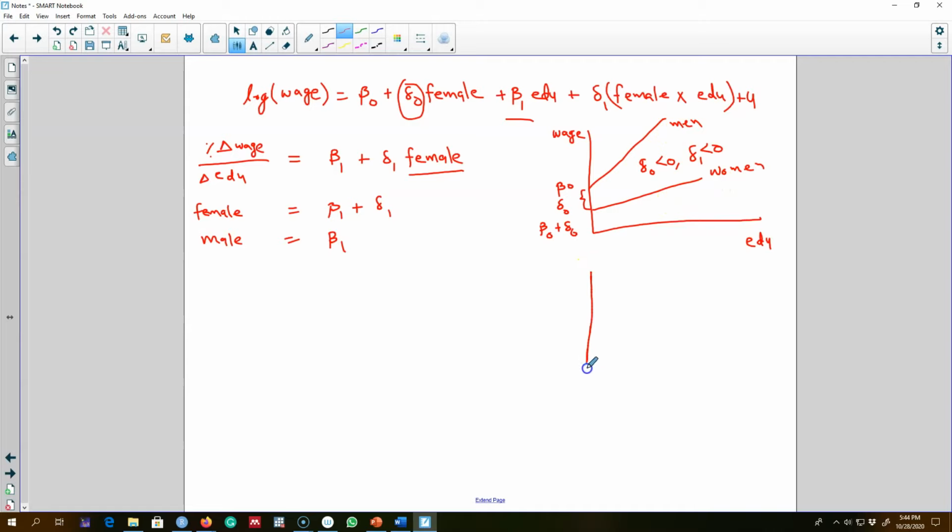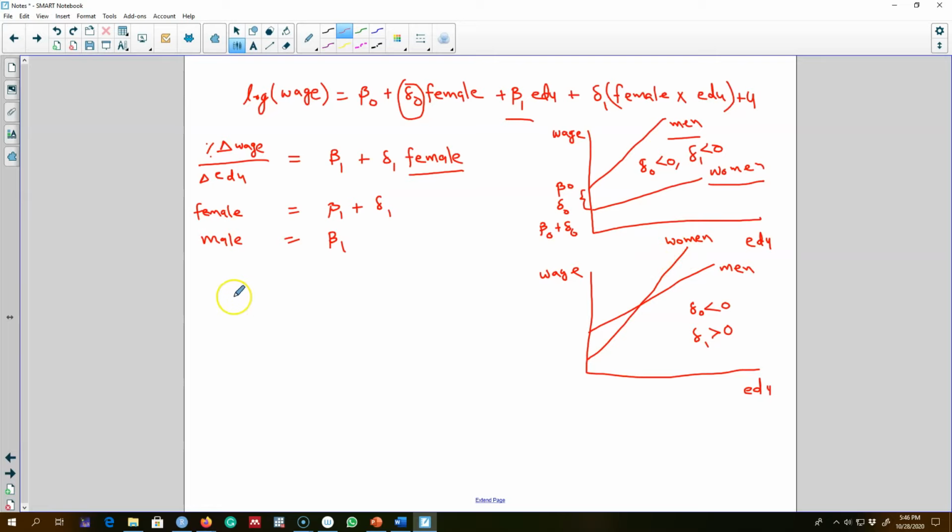Similarly, we can show another scenario like this. Although the intercept is low for women, the slope of the line is greater for women than for men. So what does this mean? In the first example, it means that return to education is larger for men than for female. And in this case, what we are saying is that return to education is larger for women as compared with men.